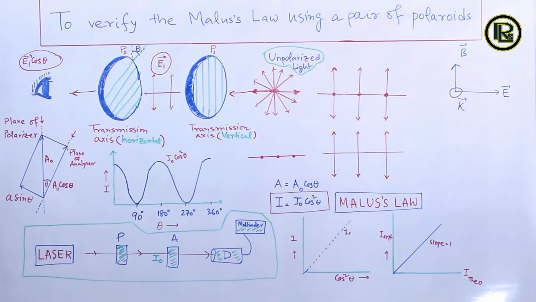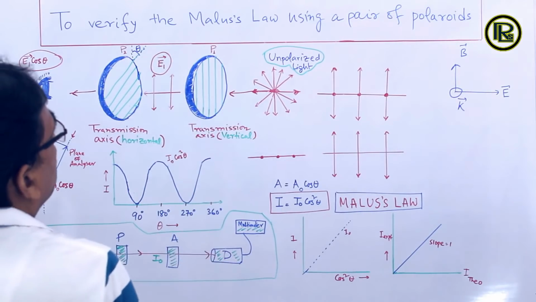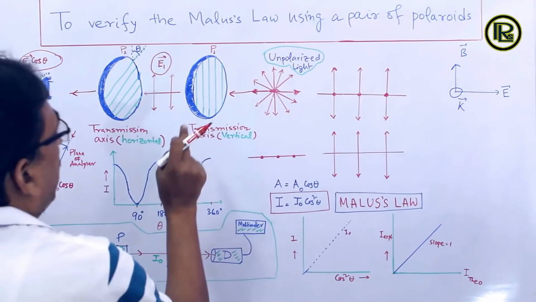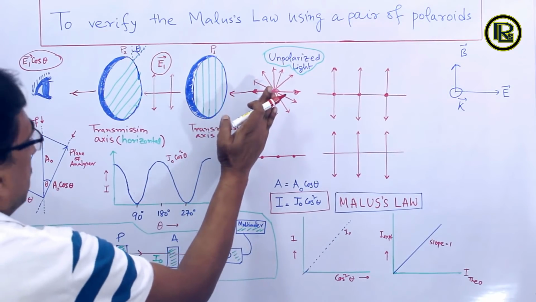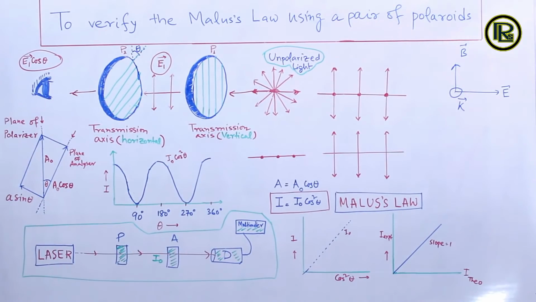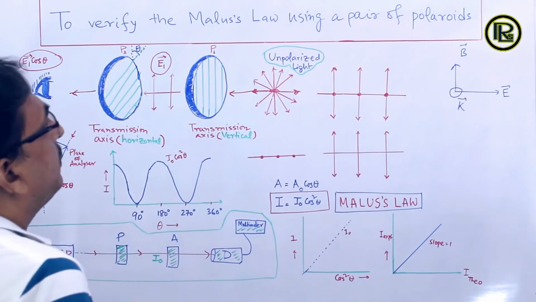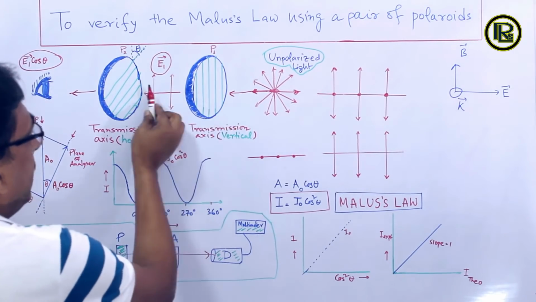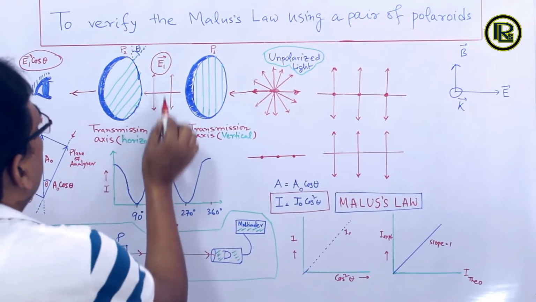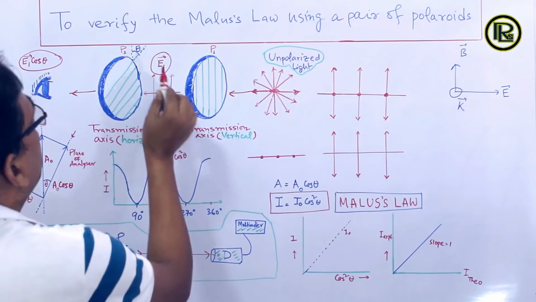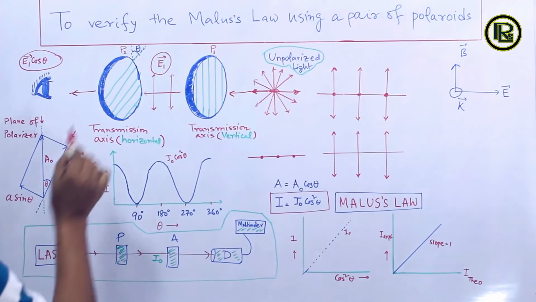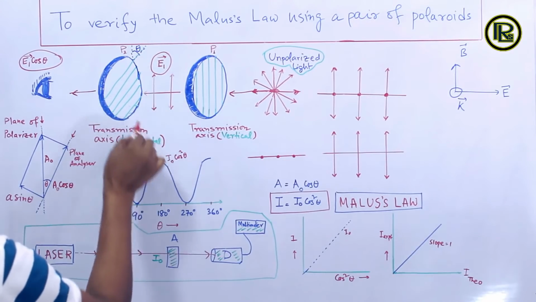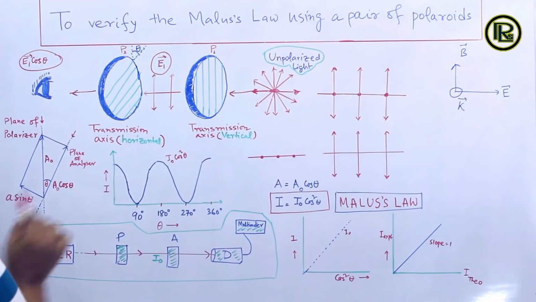This pair of Polaroids, this one is the polarizer, which actually polarizes the unpolarized light, and that way we can consider this polarizer or Polaroid is filtering out one particular vibration of the electric field, and the second one is analyzing this electric field vibration.